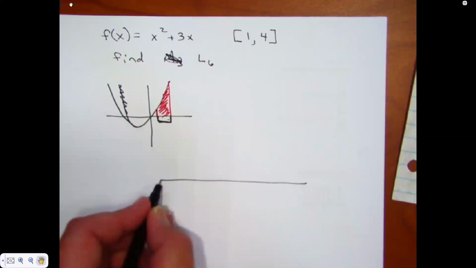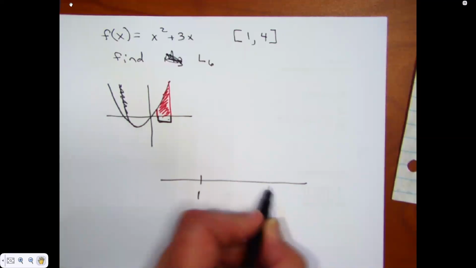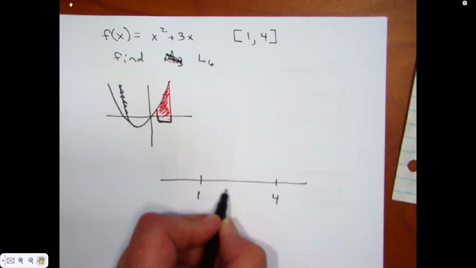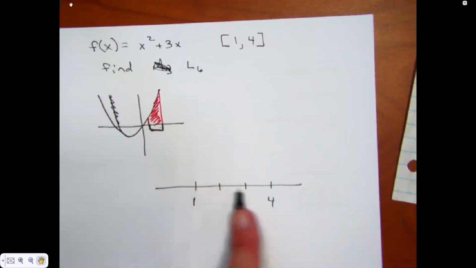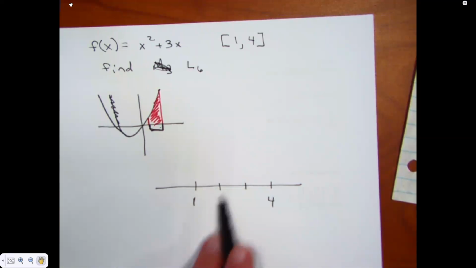So I have this, I'm going from 1 to 4. So this is 1, 2, 3. Too bad I didn't ask for 3 rectangles. But how do I figure out the width of each rectangle? Some of you might say, I can just figure that out.